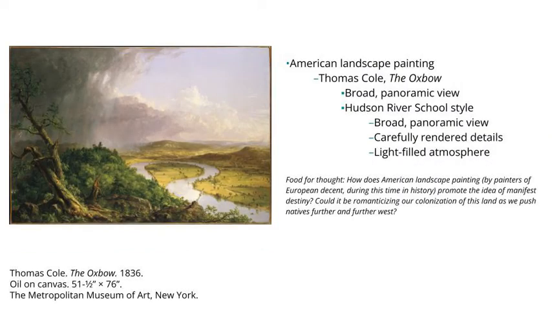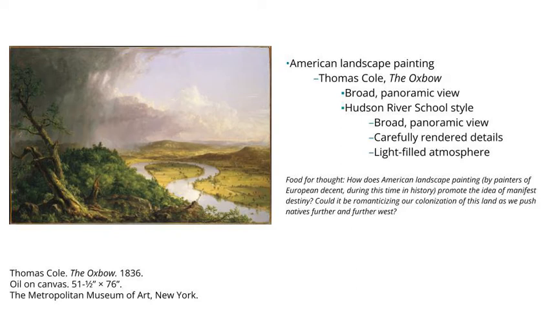Next, we are still in the idea of Romanticism, but moving away from current events and more towards the romantic nature of nature, talking about American landscape painting. The first example we have here is The Oxbow by Thomas Cole. It has this very broad panoramic view, and this was actually painted in the style of the Hudson River School of Art.